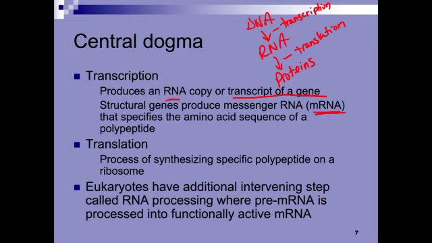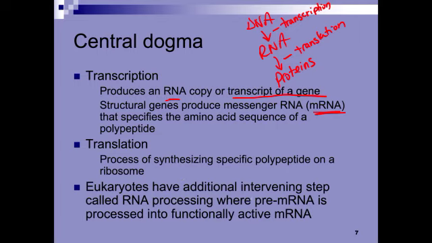In translation, this is the process of making the actual polypeptide itself. And the mRNA is going to be read by a ribosome, and the ribosome will translate that RNA message from DNA into a protein message, into a sequence of amino acids.